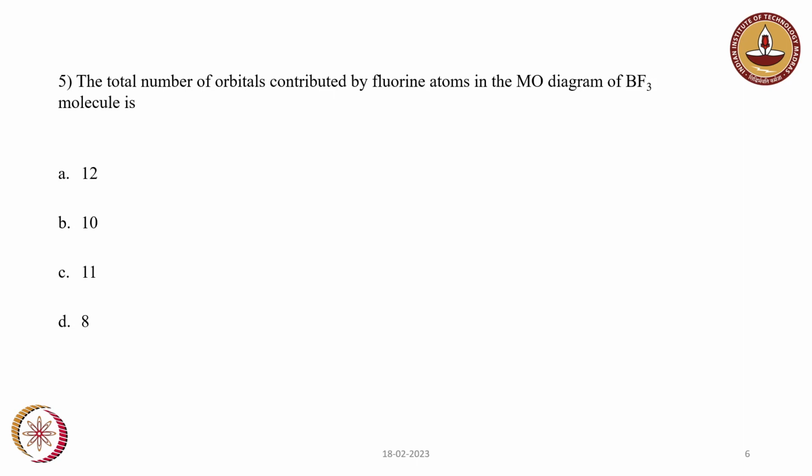So the next question is: the total number of orbitals contributed by fluorine atoms in the molecular orbital diagram of BF3 molecule. For BF3, first we'll draw the MO diagram.